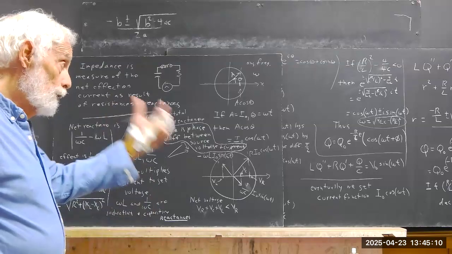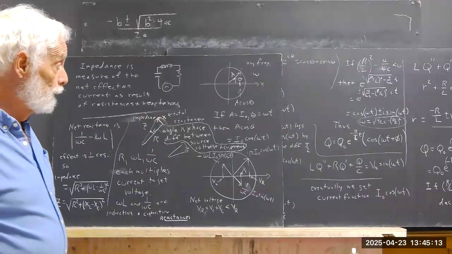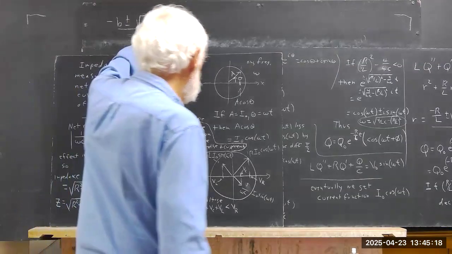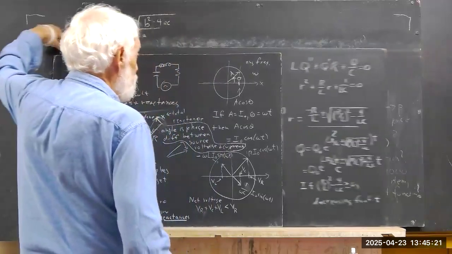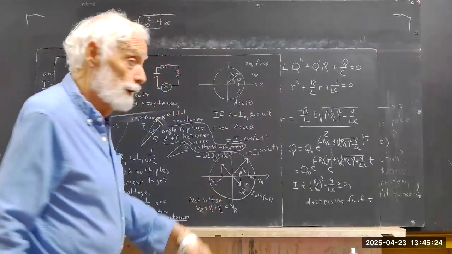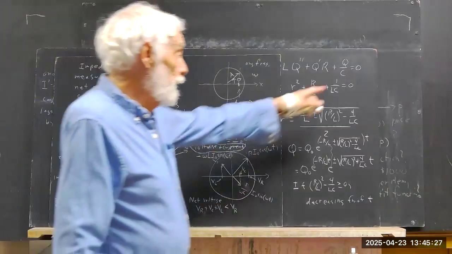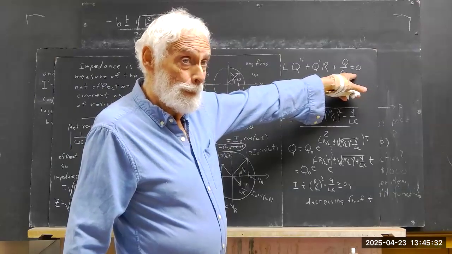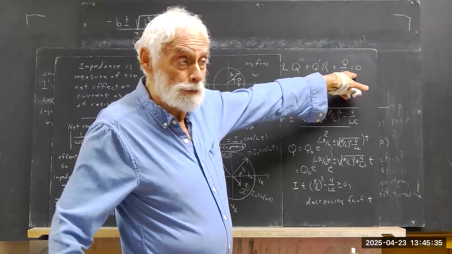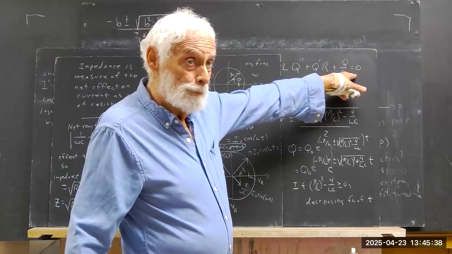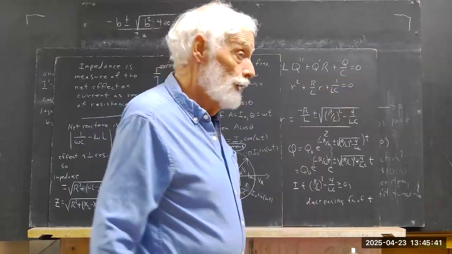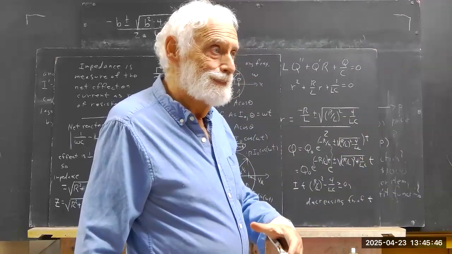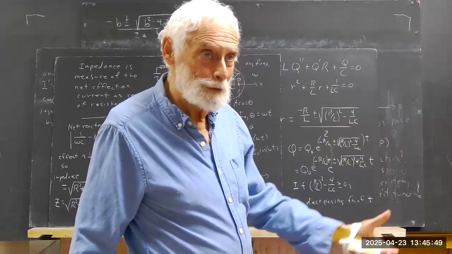Now, from what you know about differential equations, for everybody who knows them, how do you solve this equation, which is the source of everything I'm talking about, if you have a voltage driving it, like V naught sine omega t or V naught cosine omega t? You assume a solution and get your undetermined coefficients.